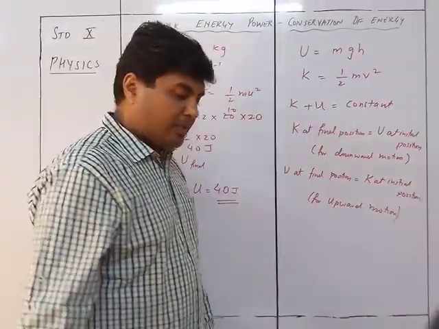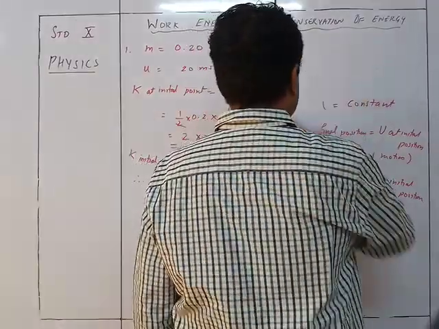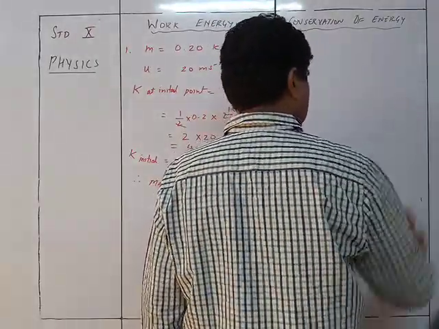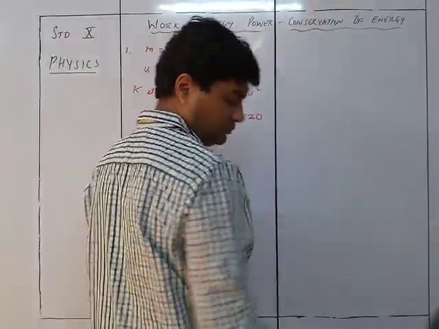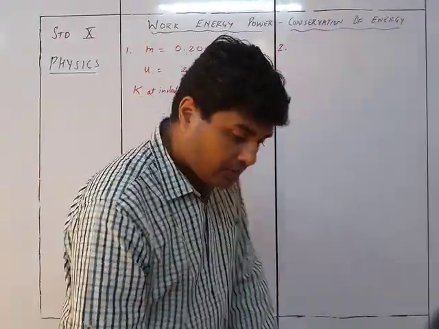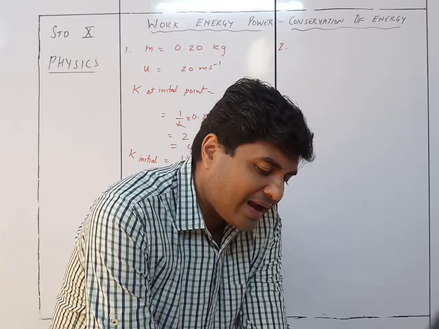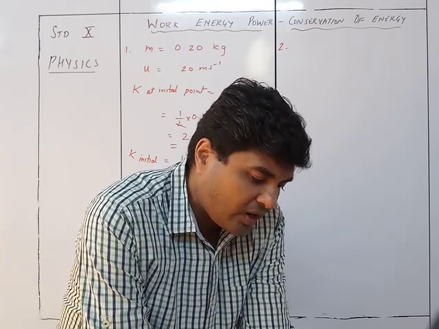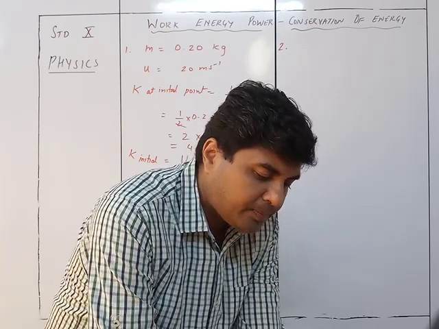We now move on to sum number 2. A stone of mass 500 grams is thrown vertically upwards with the velocity of 15 meter per second.